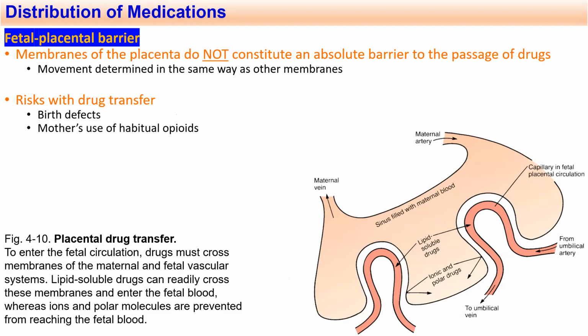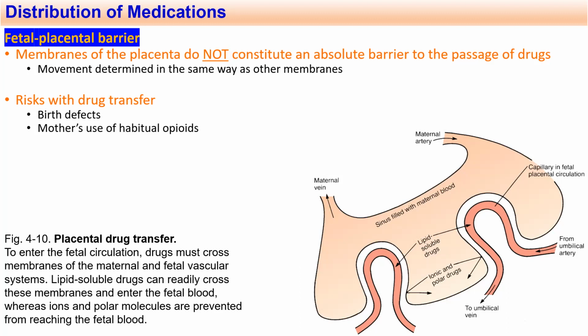Fetal placental barrier. Membranes of the placenta do not constitute an absolute barrier to the passage of drugs. So the movement is determined in the same way as other membranes. The lipid soluble or non-ionized drugs or compounds can easily pass. So non-ionized compounds, drugs, lipid soluble, they can easily pass.